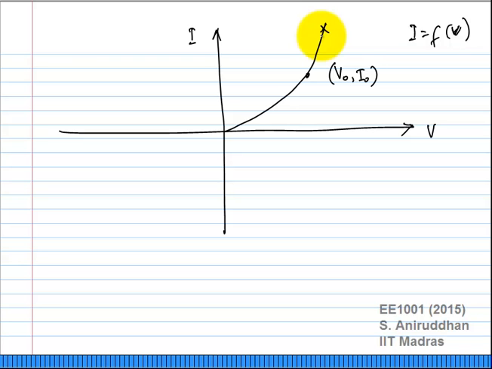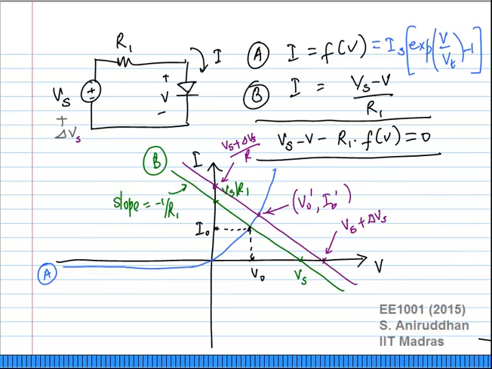Now if I tell you that the change from V0, I0 to the new point is very small, in other words, let us go back. This was Vs, this became delta Vs, and I became I plus delta I, V became V plus delta V, and I told you that delta V, delta I and delta Vs are all extremely small.